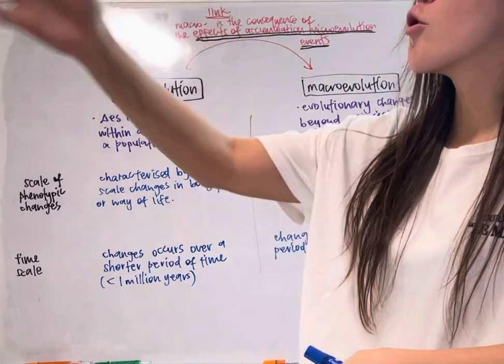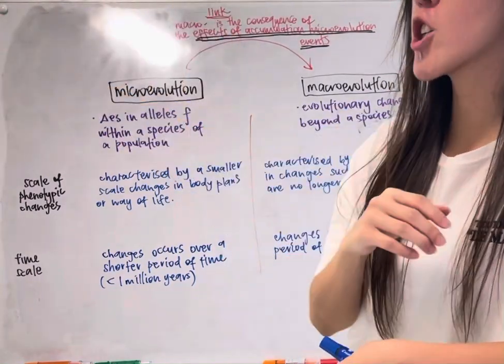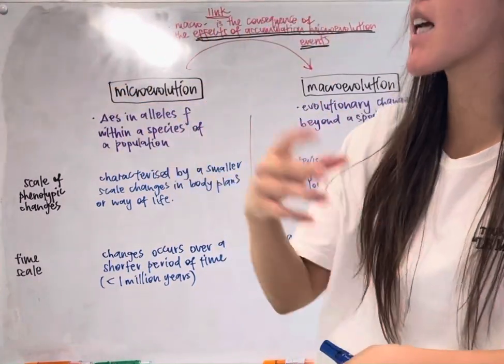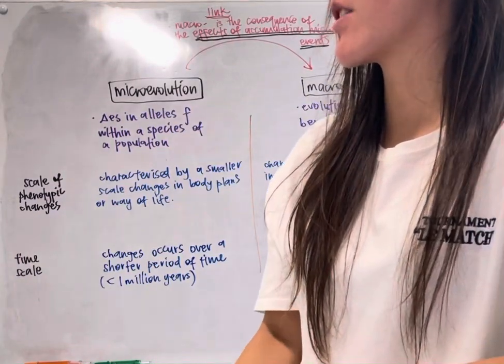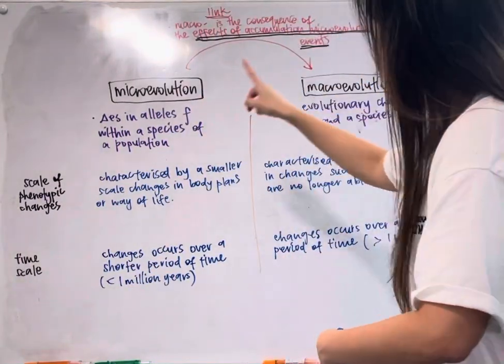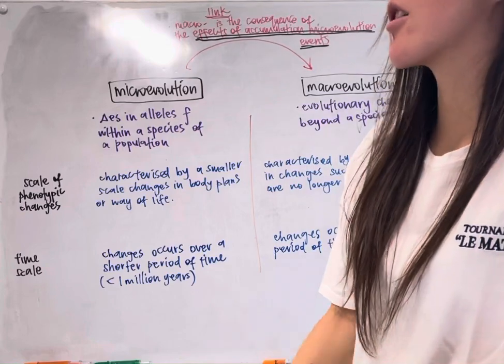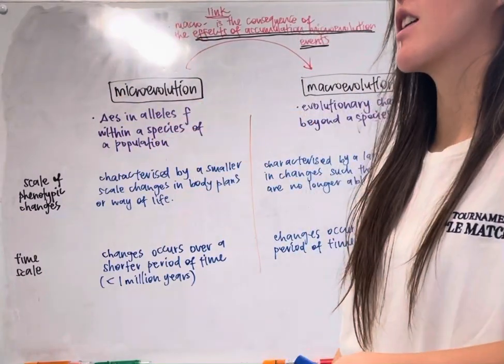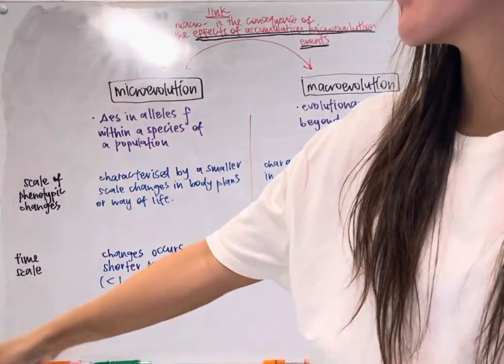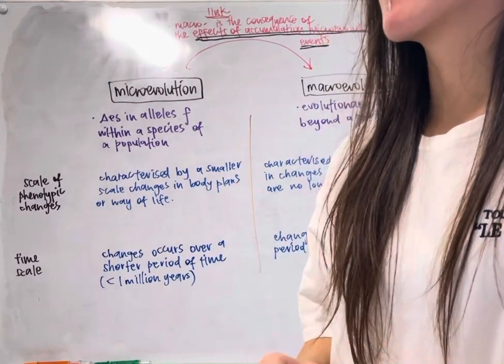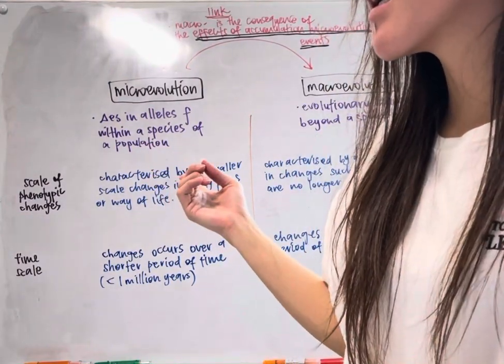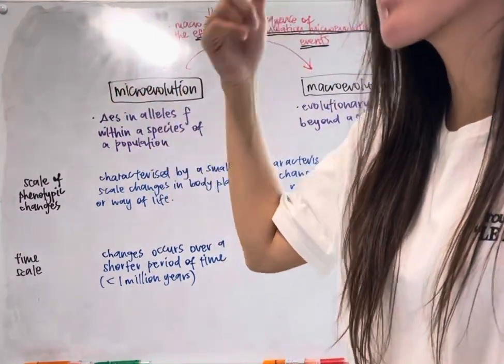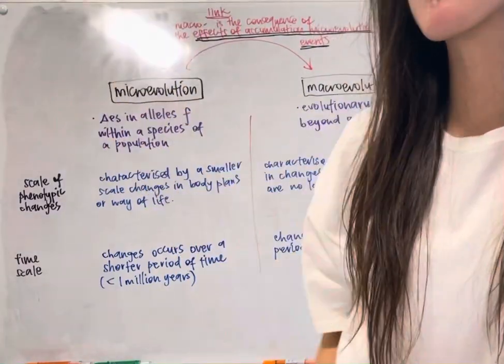Think about this. Usually, what is the change in allele frequency? What's the main mechanism in the changes of allele frequency that both micro and macro will share in common? It's all driven by what agents of evolution? Natural? So, natural what? Natural selection.